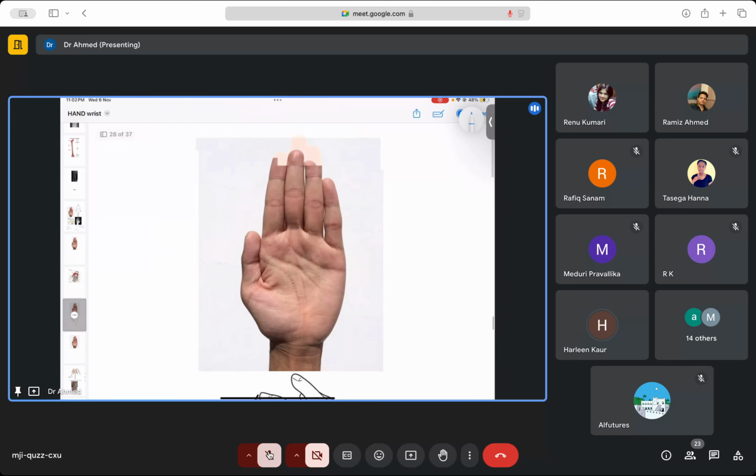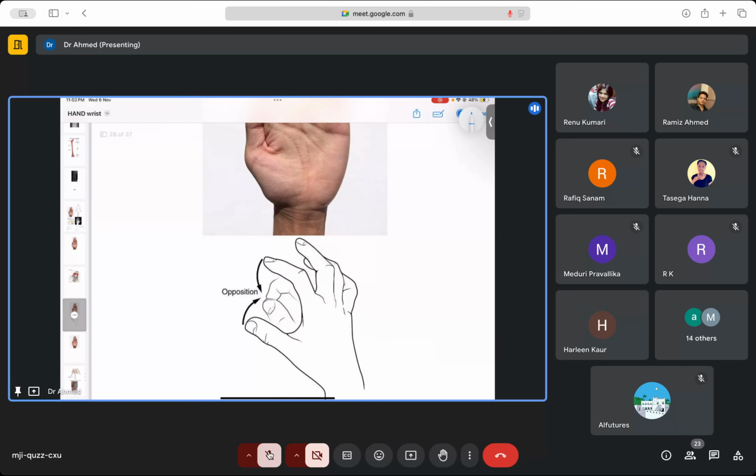For example, if someone is counting his fingers with the thumb, this is opposition movement, right? So the opponens pollicis is going to undergo which movement? Opposition movement, right? These three thenar muscles are basically supplied by your median nerve. We have already discussed that, right?